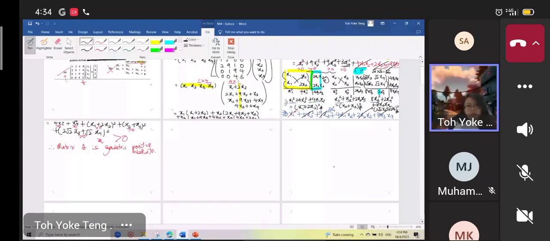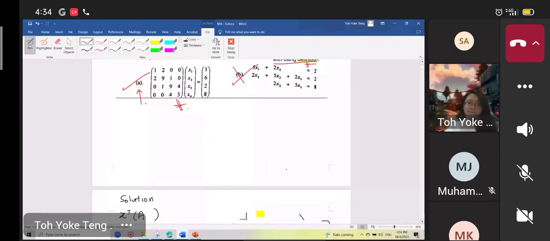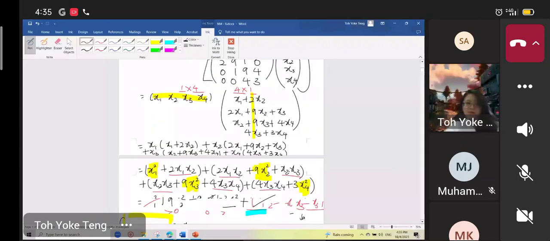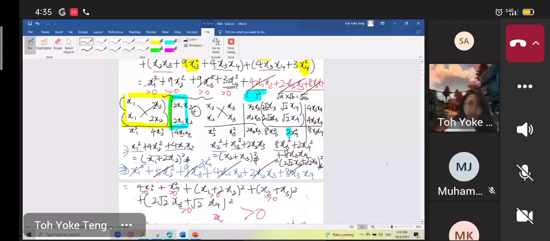Maybe you can screenshot it. I think it's better that I let you take the photo one by one. Okay, 1, 2, 3, 4, 5. And then, okay. The last one.